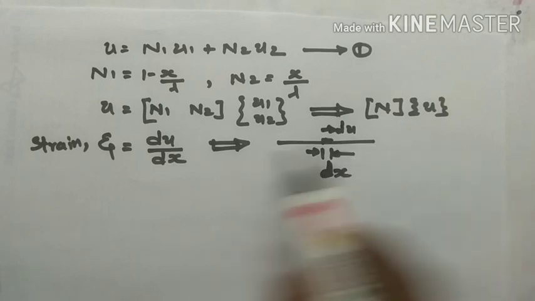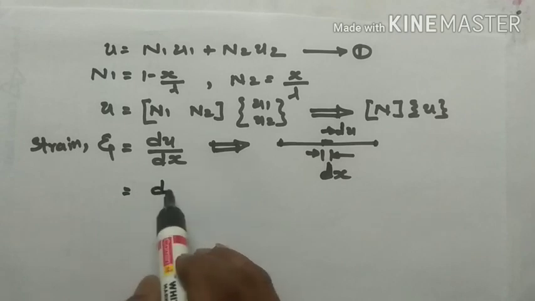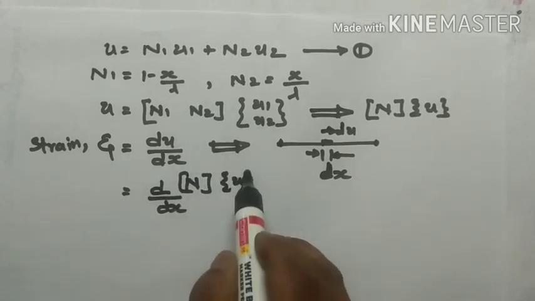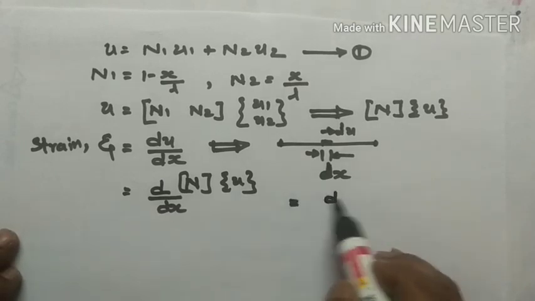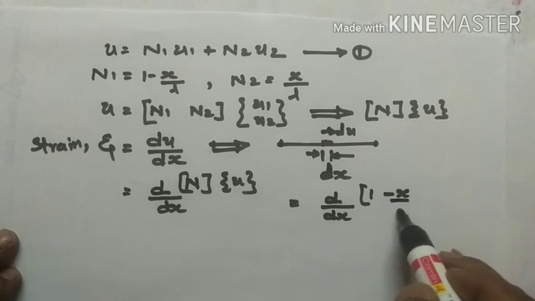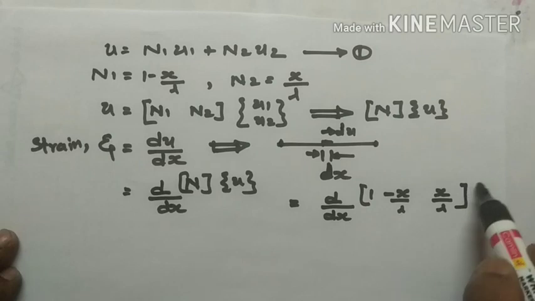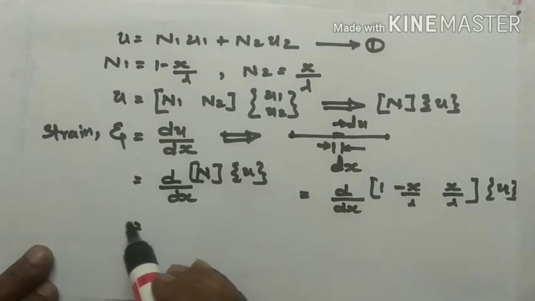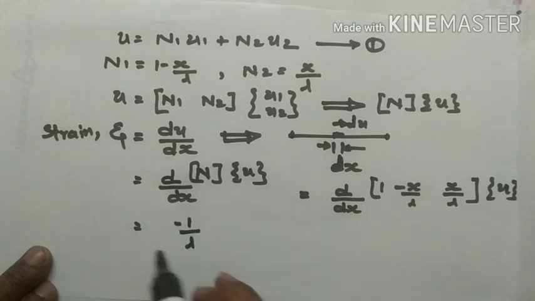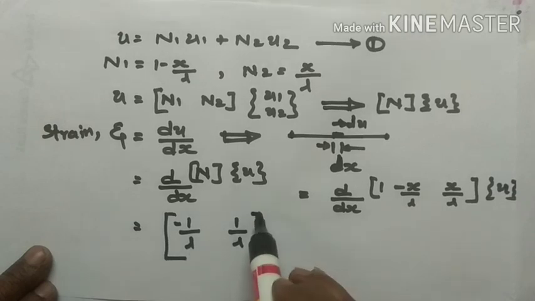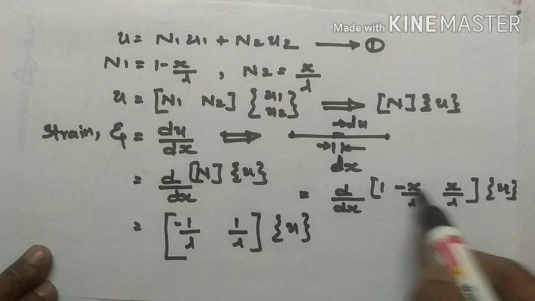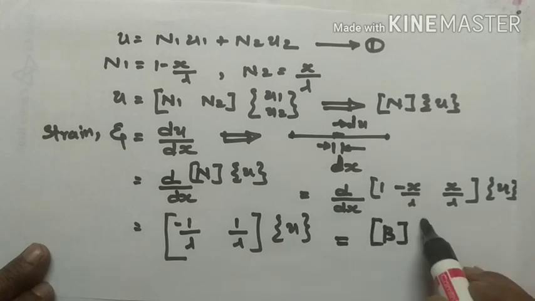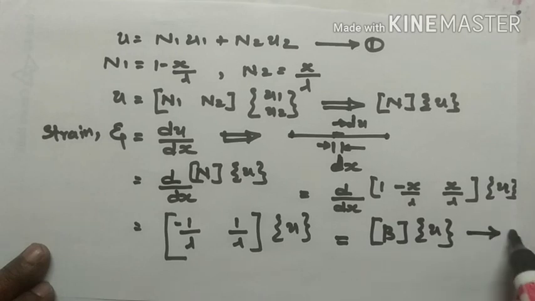Based upon that, the strain is equal to du by dx, which is equal to d by dx of N into U, which is equal to d by dx of [1 minus x by L, x by L] into U, which is equal to [minus 1 by L, 1 by L] into U. d by dx of this one is minus 1 by L, and this is 1 by L. This can be represented as B into U. So this is equation number 2.